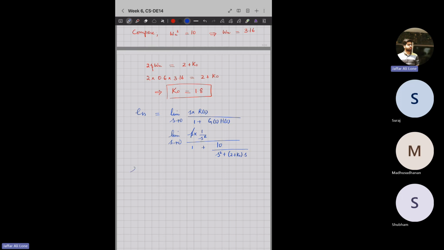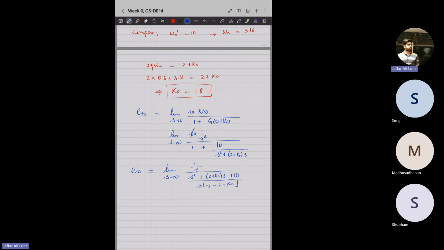So we get ESS equal to limiting s tends to 0, 1 by s divided by s square plus 2 plus k naught into s plus 10 divided by s into s plus 2 plus k naught.